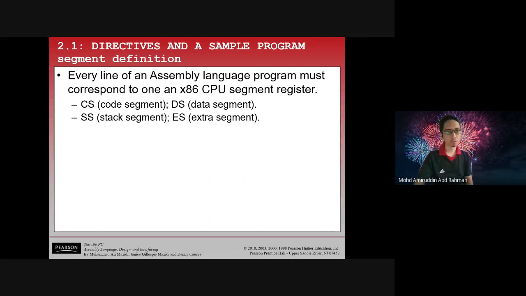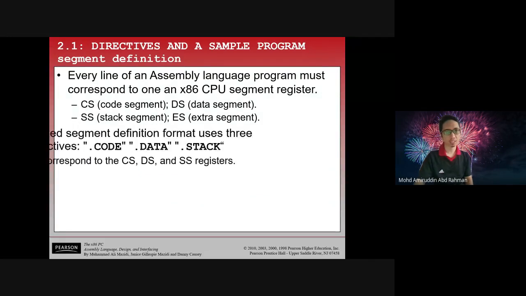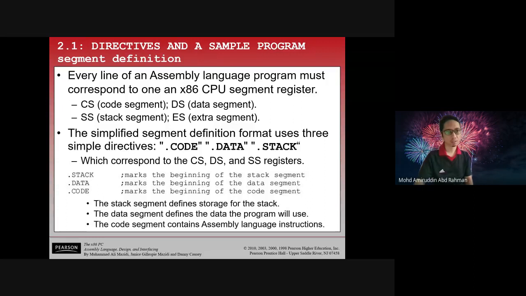If you want to use the CS, that must be complemented with the DS and SS with the ES, as we learned before. So if you want to use these segment registers, how do we define that in assembly language? We use directives as well. The way we use the directive is we use .code, .data, and .stack.